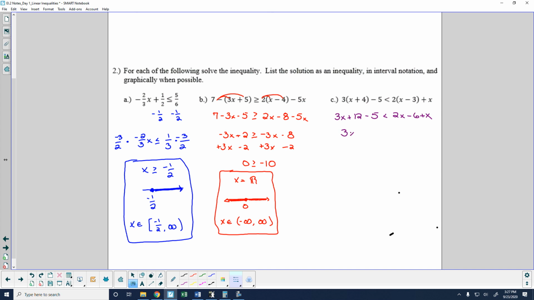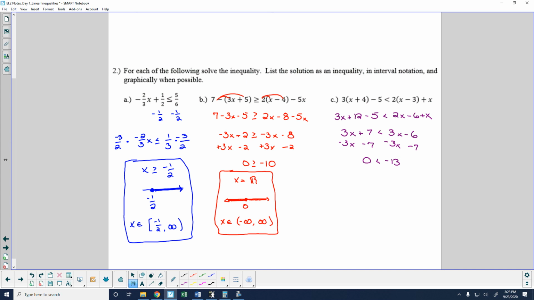So 3x plus 7 is less than 3x minus 6. Again, we want to get the x's on the same side. We want to get the constants on the same side. When we do so this time, what we come up with is that 0 is less than negative 13.